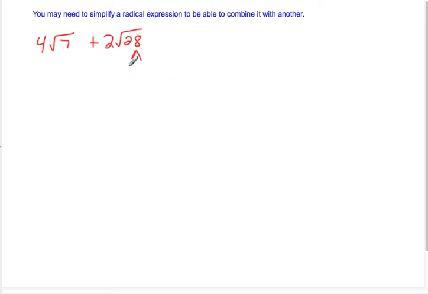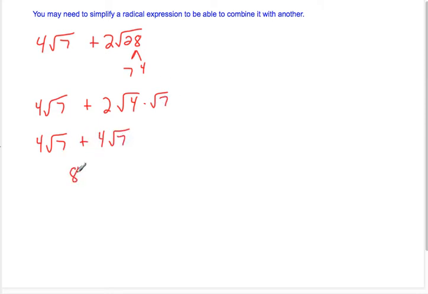So if we factor this, we get 7 times 4, and 4 is a square number, so we can do 4 root 7 plus 2 root 4 times root 7, and this root 4 can become a 2. So what we really have is 4 root 7 plus, and then here's this 2 times this 2, so we get a 4 root 7. Okay, and then that would equal 8 root 7.